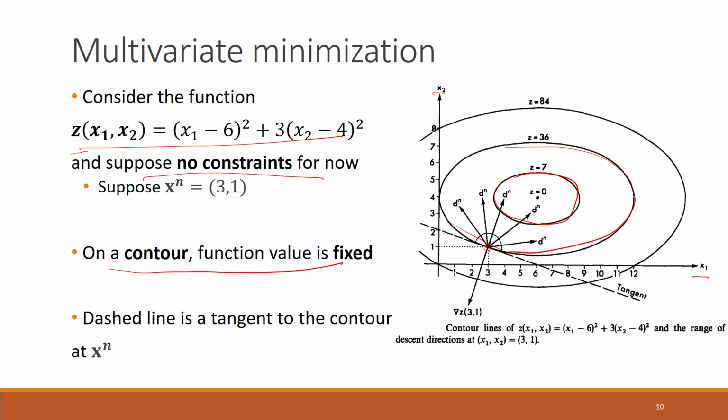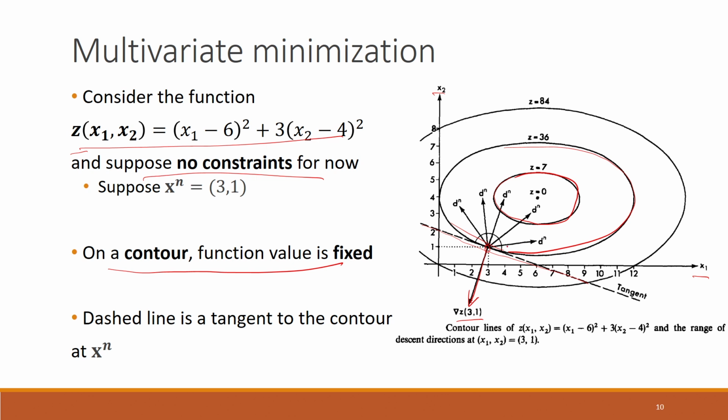Now there is one vector here which is showing the direction of the gradient of the objective function at this point, okay. So this is that vector here. And then we have drawn a tangent to this vector which is represented by this dashed line here.